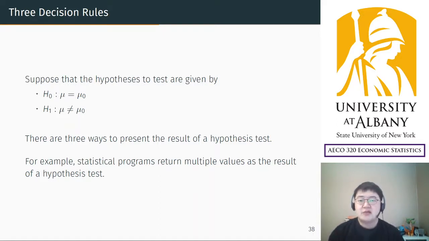And let's start from these hypotheses. We are going to restrict the form of the hypothesis to this in this chapter. The null hypothesis H0 is your existing hypothesis, saying that the population mean equals mu zero. Mu zero is a specific number you believe.